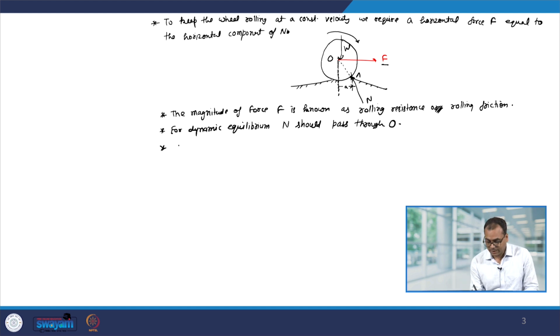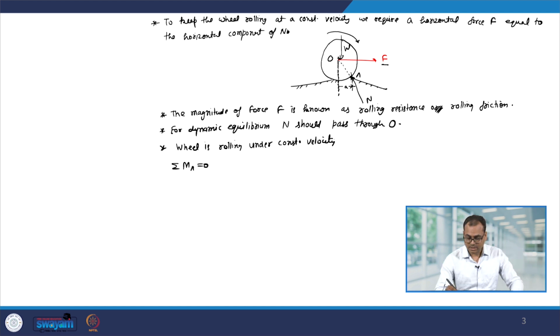And since this wheel is rolling under constant velocity, the moment about A will be 0.